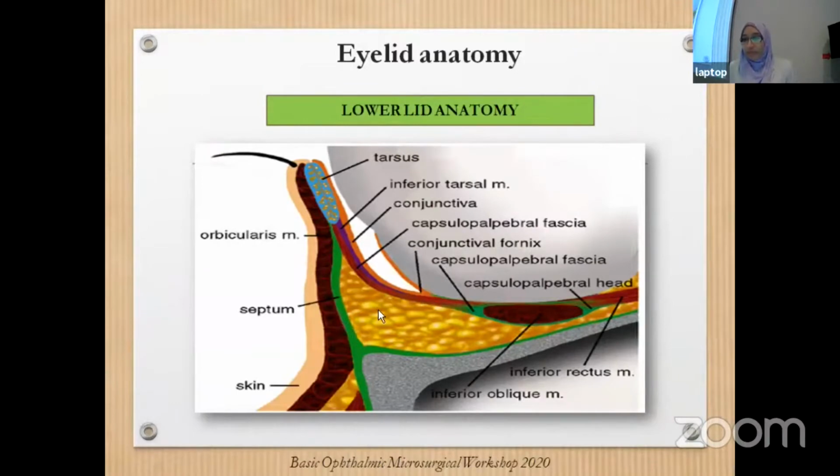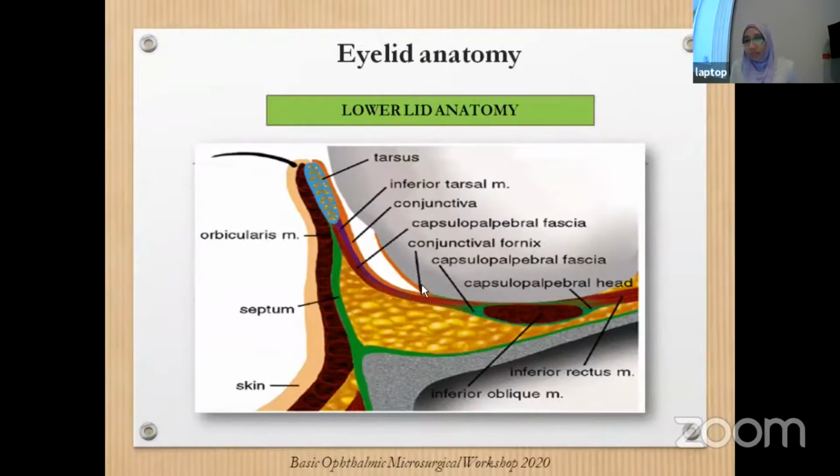And this is the orbital fat. This is the tarsus. This is the inferior tarsal muscle, the purple color. And then this is the capsulopalpebral fascia. So the outermost is the capsulopalpebral fascia, the inferior tarsal muscle, and also the conjunctiva.